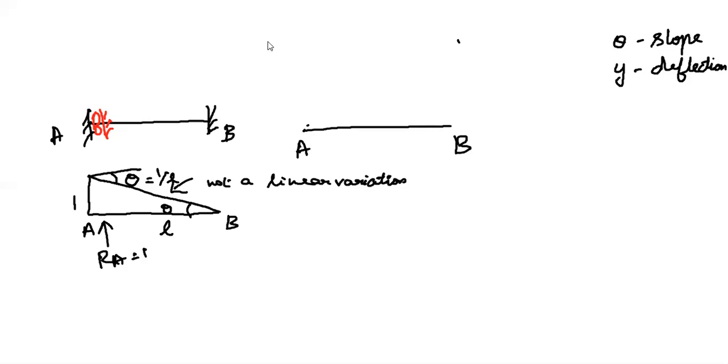Now I am going to apply an anti-clockwise moment at the point A and also at the point B. So the slope at the point A and at the point B will become 0. That is the purpose for which we are applying this moment.